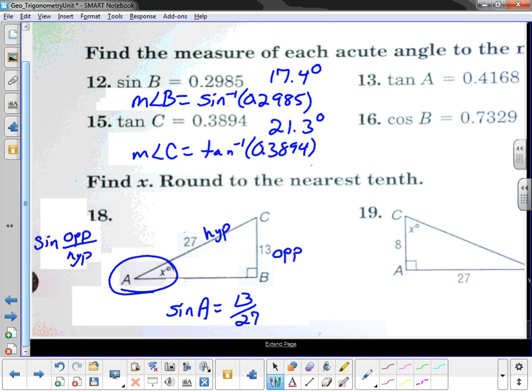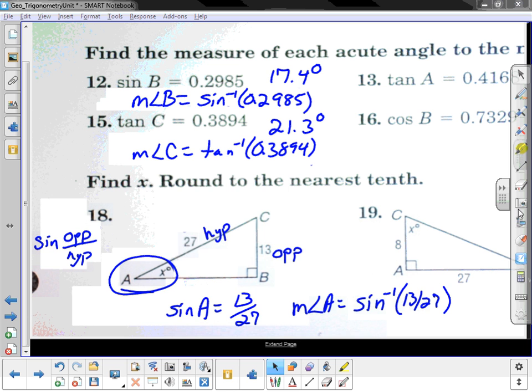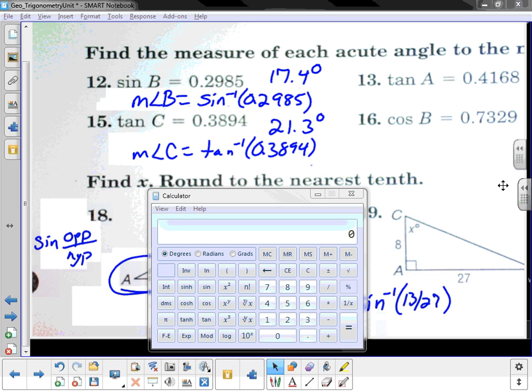So if I want to find the measure of angle A, I have to do the arc sine of 13 over 27. Again, on my calculator, I would put in 13 divided by 27.